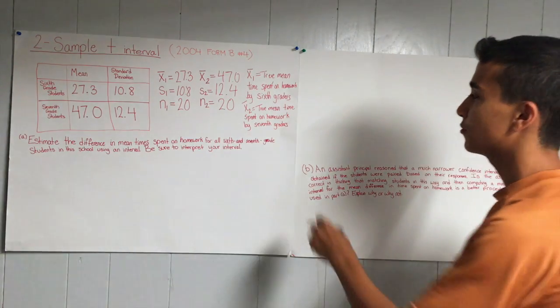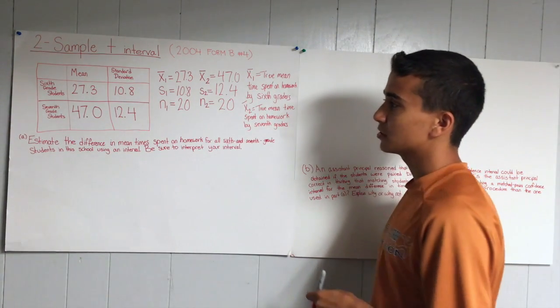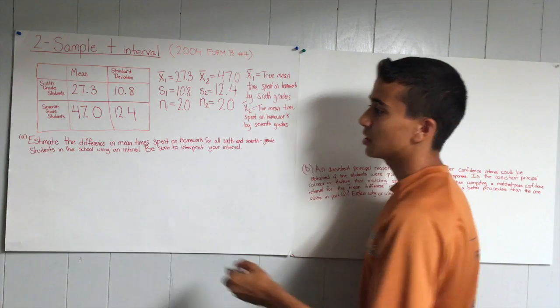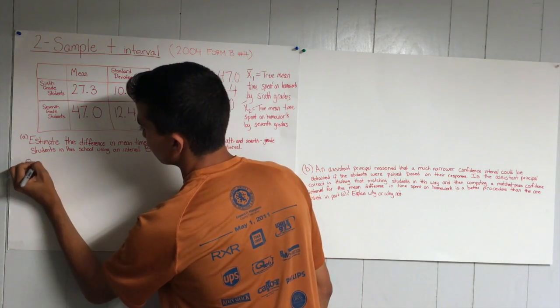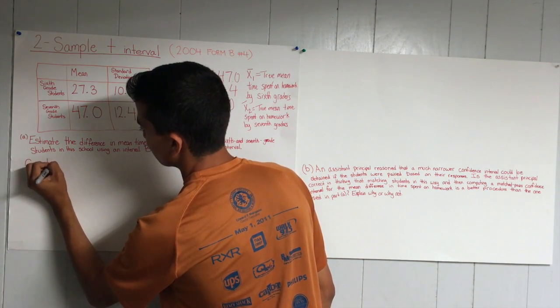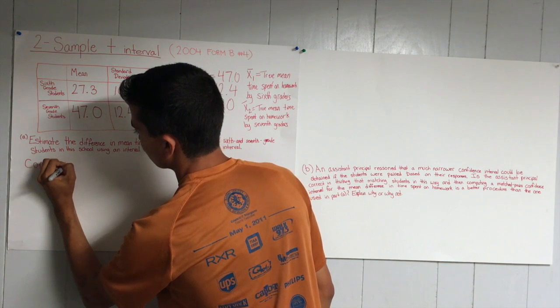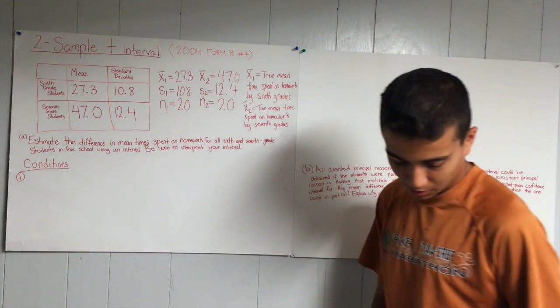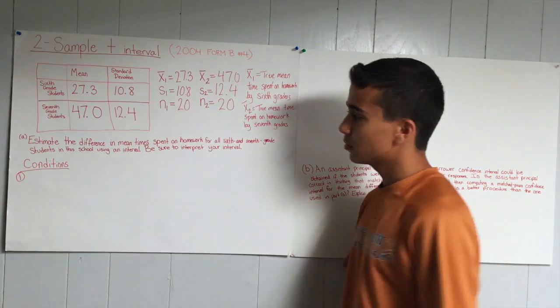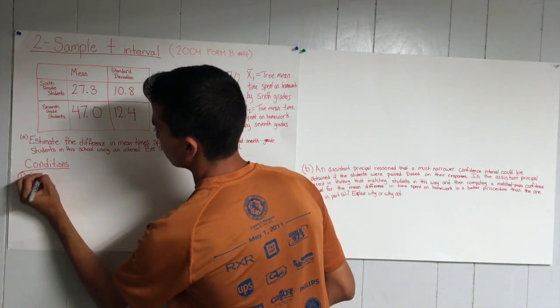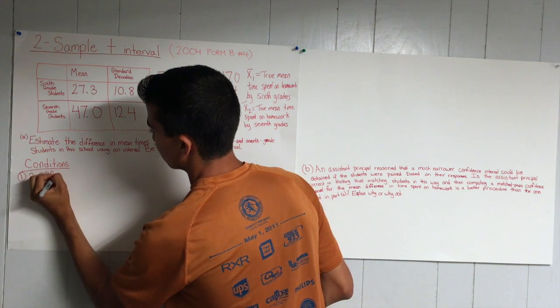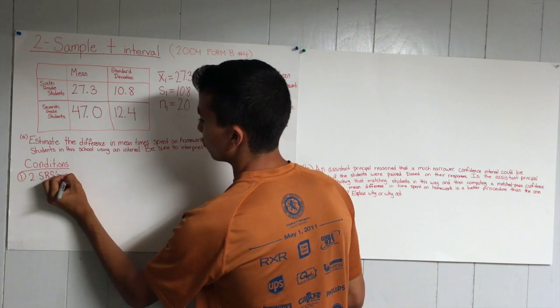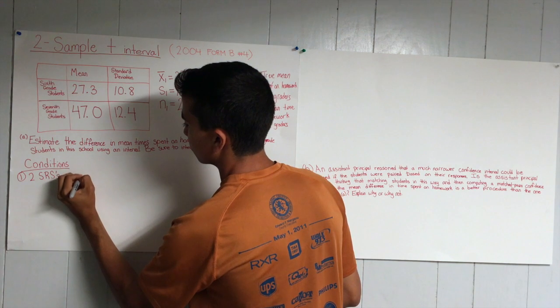Alright, once we fill this out, and you've recognized this 2-sample t interval, you must state the conditions for a 2-sample t interval. The first condition is that there are 2 SRSs grouped by the grade levels.